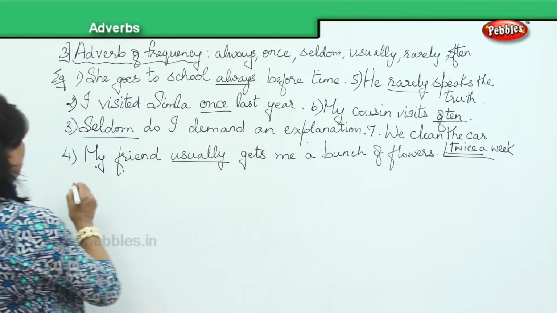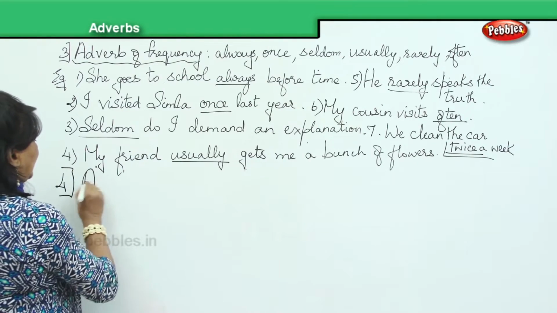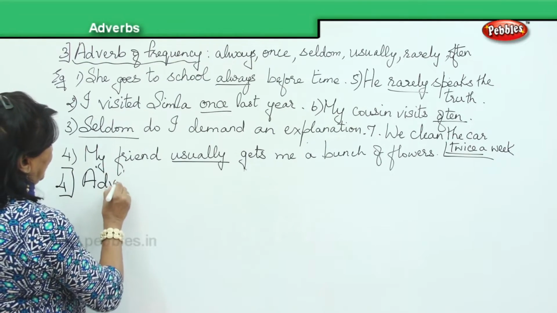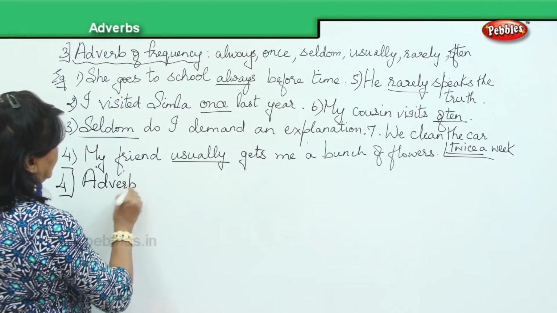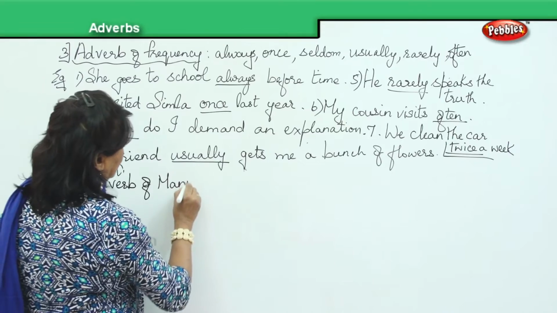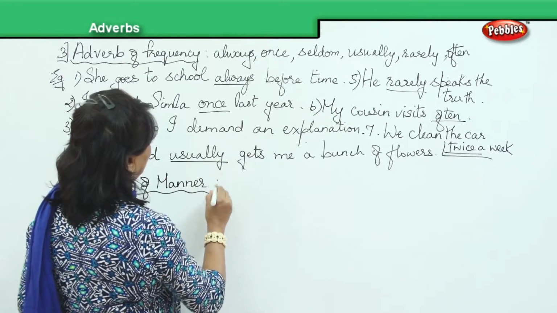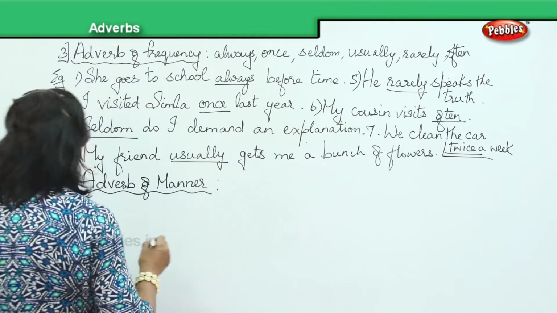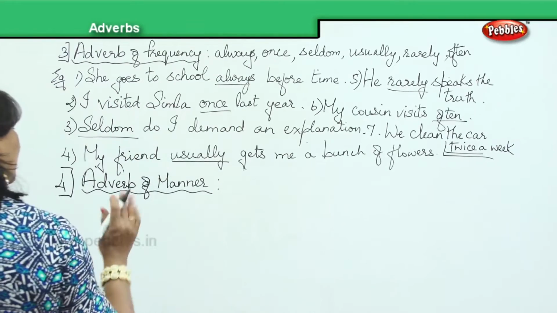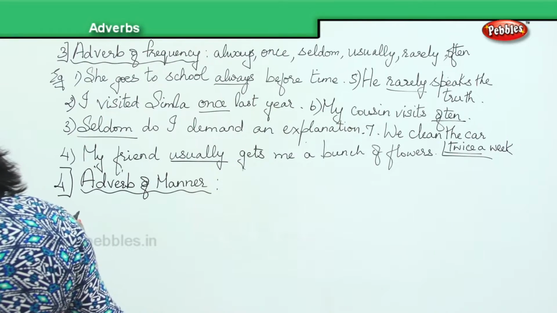Now I am going to give you the fourth kind, adverb of manner. Adverb of manner. You just have four words as an example.